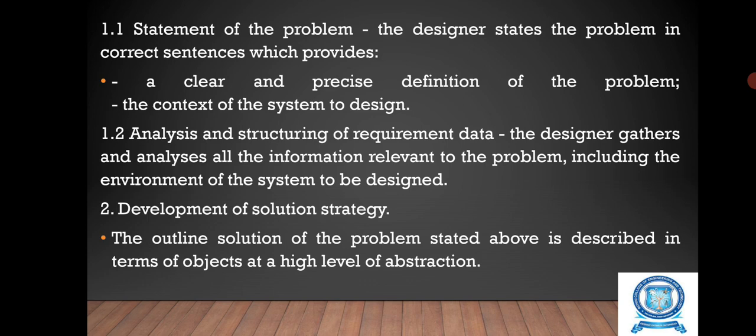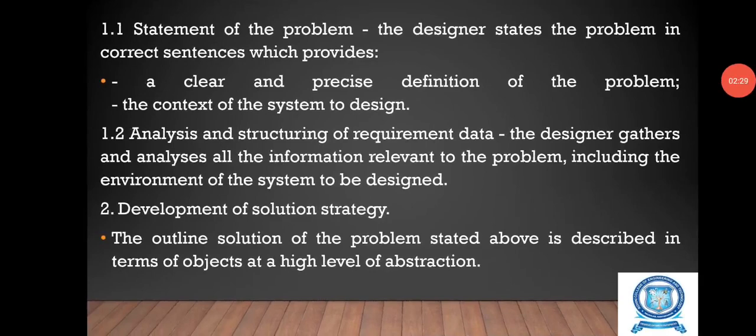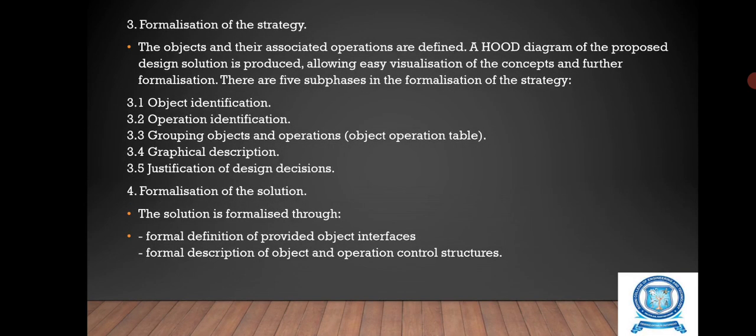That is, the designer gathers and analyzes all the information relevant to the problem, including the environment of the system to be designed. Development of solution strategy: the outline of the solution of the problem stated above is described in terms of objects at a high level of abstraction. Formalization of the strategy: the objects and their associated operations are defined.